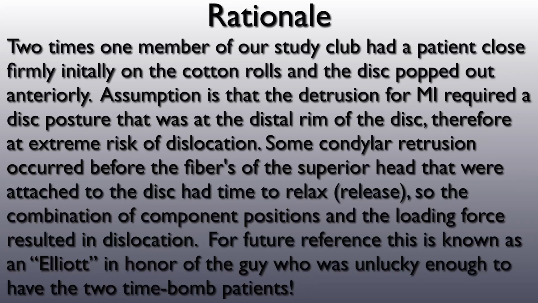Some condylar retrusion probably occurred before the fibers of the superior head that were attached to the disc had time to relax or release. So the combination of component positions and the loading force resulted in dislocation. For future reference, this is known as an Elliott. Don't let it happen to you.